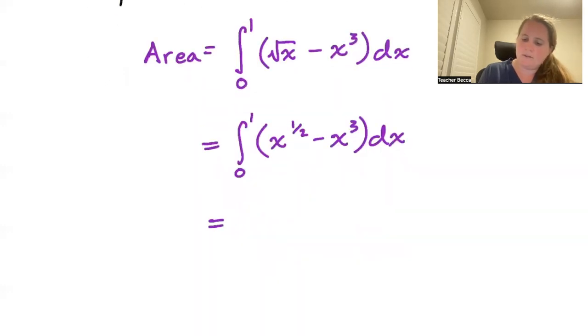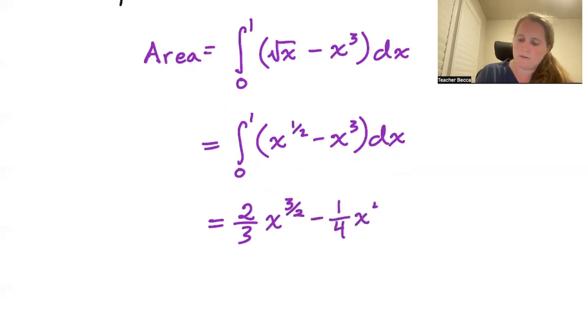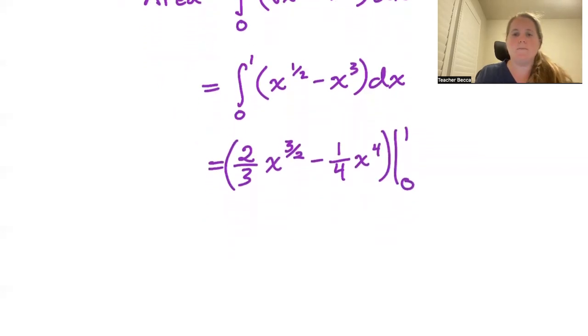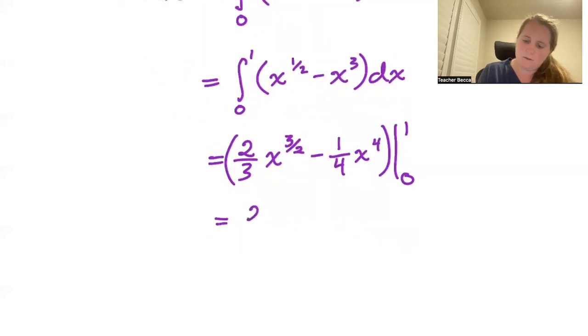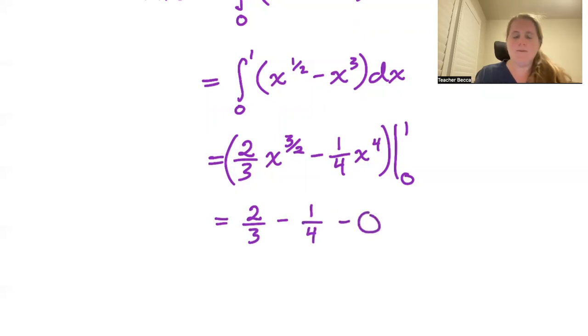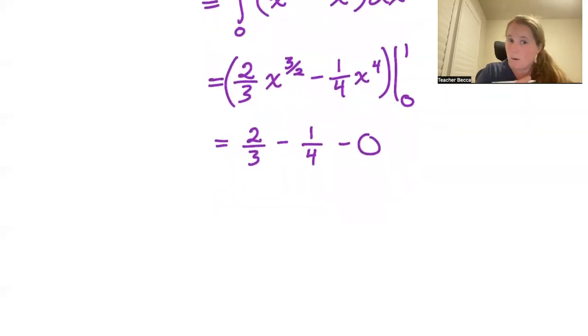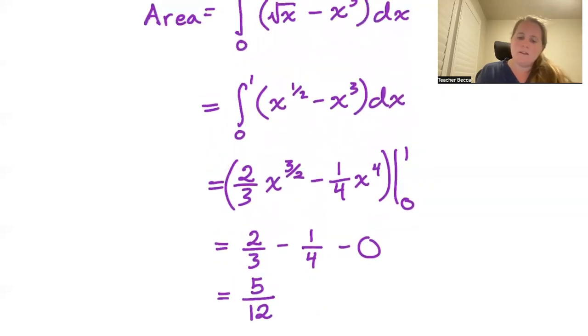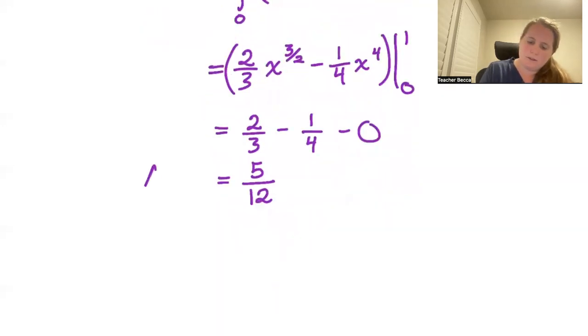X to the 1/2, of course, becomes 2/3 times x to the 3/2 when we integrate. And we have minus 1/4 times x to the 4th, evaluating from 0 to 1. So this becomes 2/3 minus 1/4 minus 0, or 8/12 minus 3/12, which is 5/12. This is our first integral of interest.